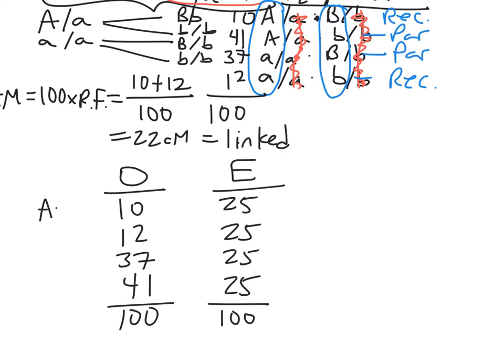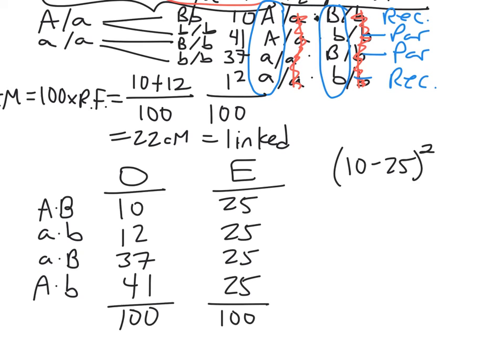So to be explicit, that's these genotypes. So from now, hopefully this will all come back pretty quickly. To do the chi-square test, you take the observed value, you subtract the expected value, square it, divide by the expected value. That's observed minus expected squared, divided by expected.